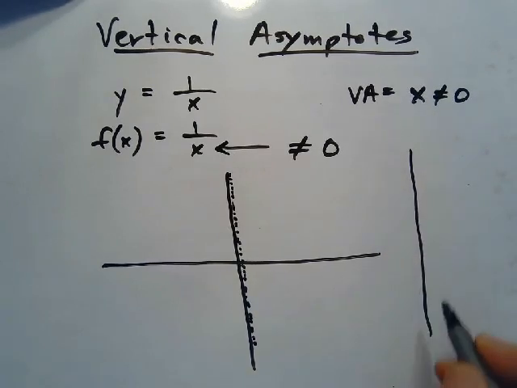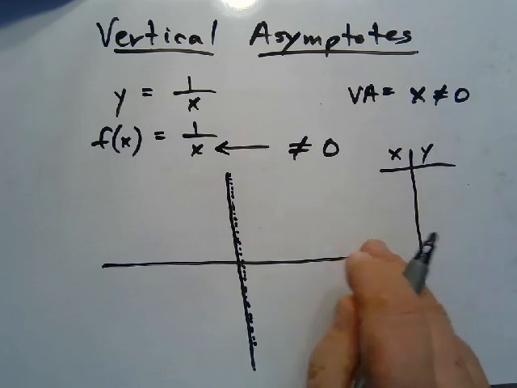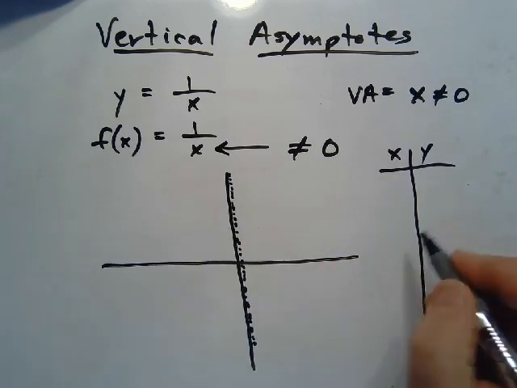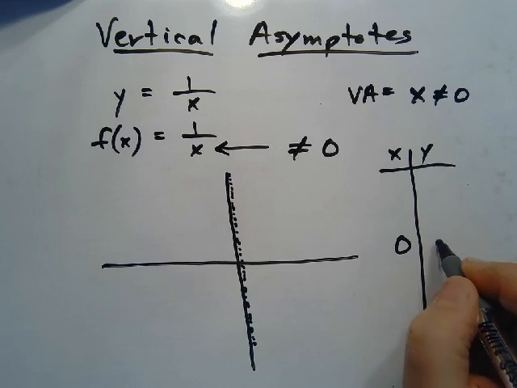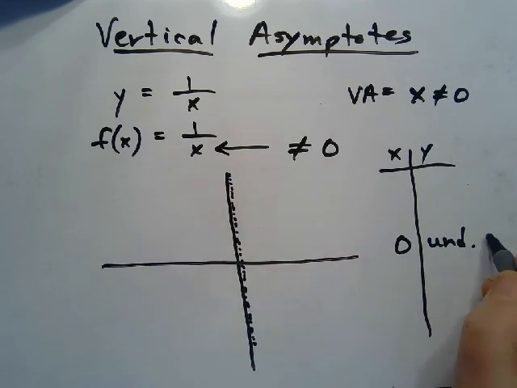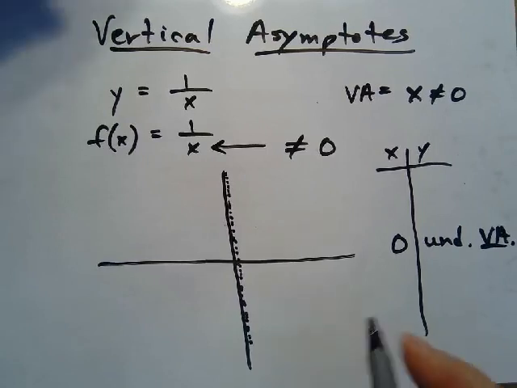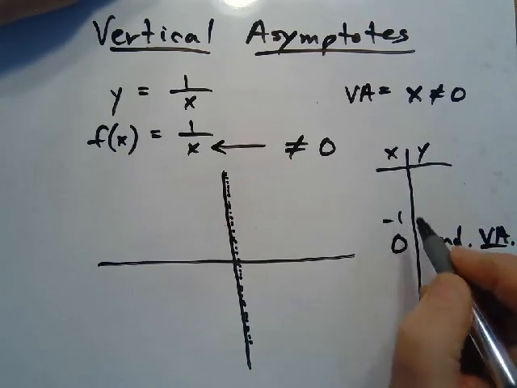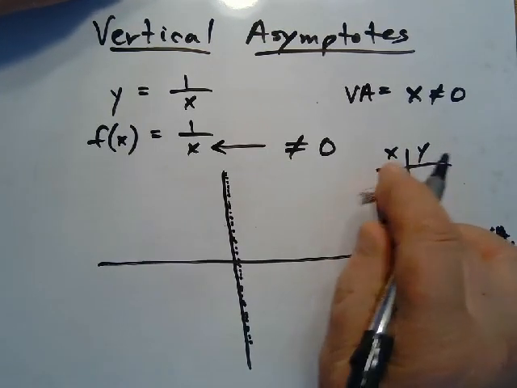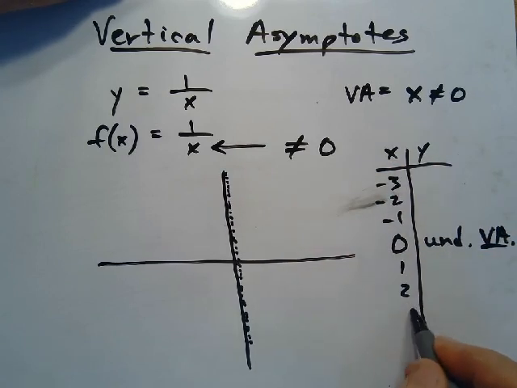Now we're going to need to make a table, and when we do that, right in the center of your table, we're going to put that undefined value, 0, because 0 is undefined in this particular function, and that happens to be our vertical asymptote. I'm going to use the letters VA here. And we're going to pick values kind of on both sides of that line. Let's go -1, -2, and -3, and then down here 1, 2, and 3.